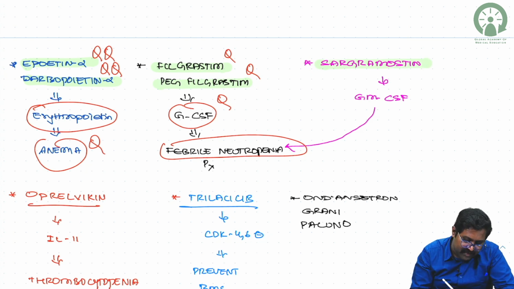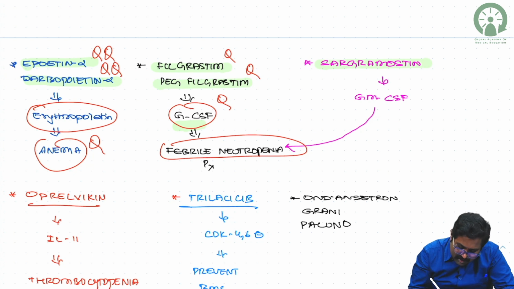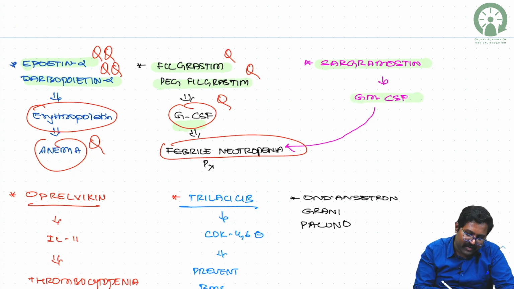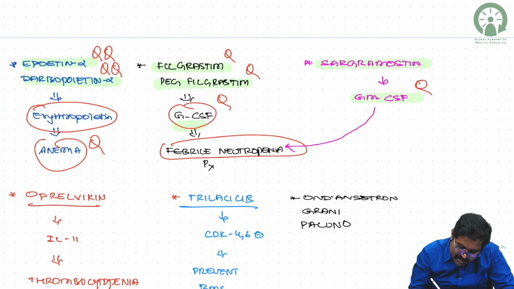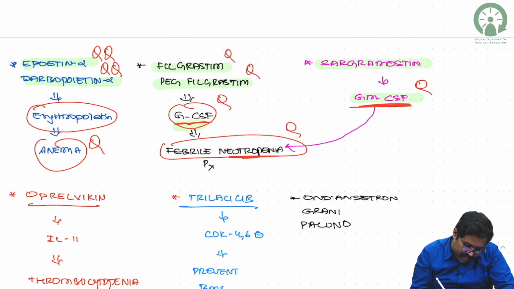The difference between filgrastim and sargramostim is that filgrastim is a granulocyte colony stimulating factor, whereas sargramostim is a granulocyte-monocyte colony stimulating factor. Again, you should remember this: this is the GM colony stimulating factor, and this is the G colony stimulating factor. Both are utilized in the treatment of febrile neutropenia.